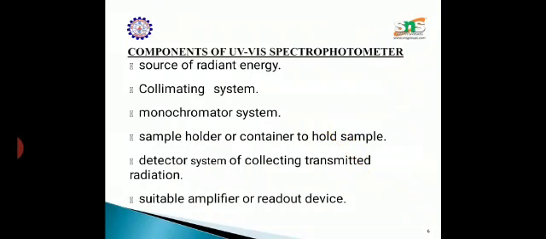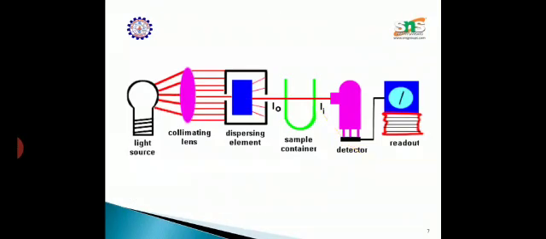So the components are: radiation source, collimating system, monochromator system, a sample holder, detector, and amplifier. Here the UV light is passed, and here is the dispersing element. Certain wavelengths are passed into a sample container.